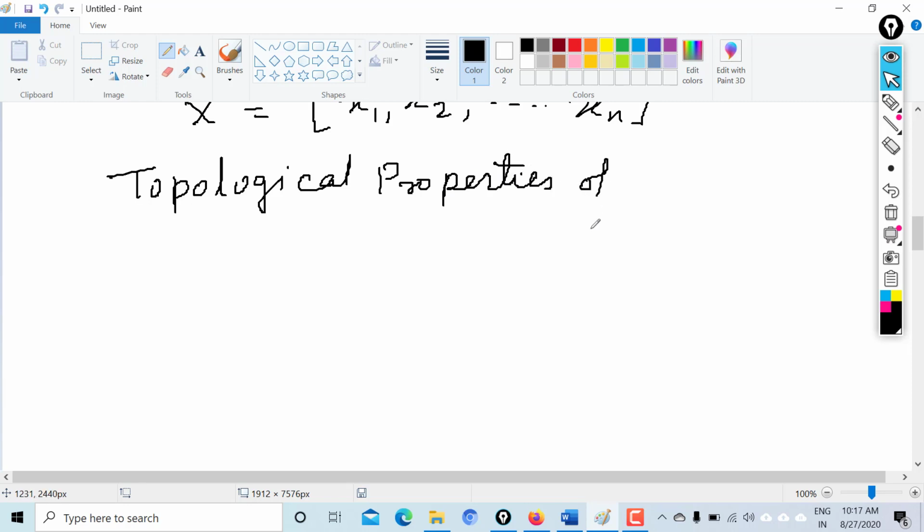We know R is the set of real numbers. A topology on a set is a family of open sets. What is an open set? There are two kinds of sets: one is the open set, one is the closed set.